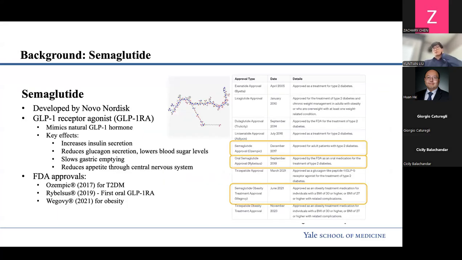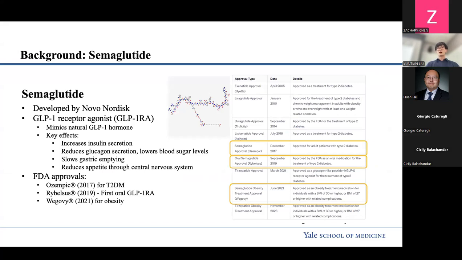So with that, I want to introduce semaglutide, which is maybe the new blockbuster in the market. It's developed by Novo Nordisk. It's a GLP-1 receptor agonist. The basic mechanism is that it mimics the natural GLP hormone.